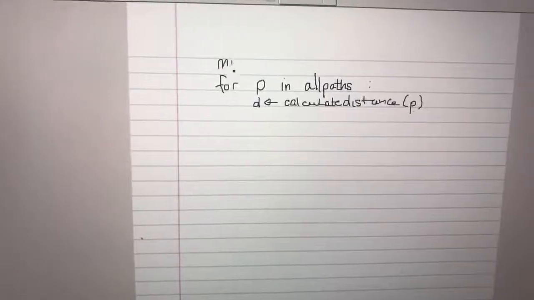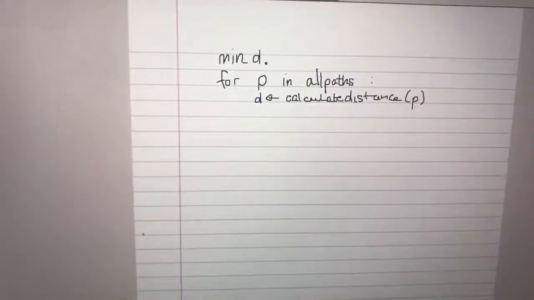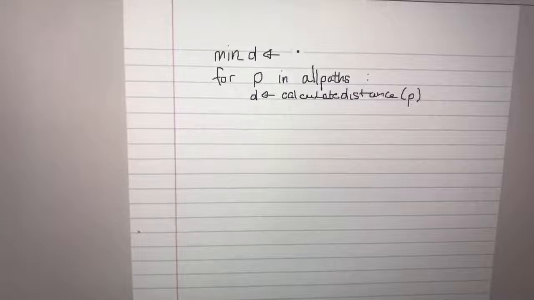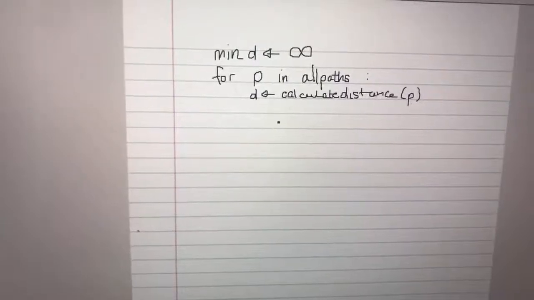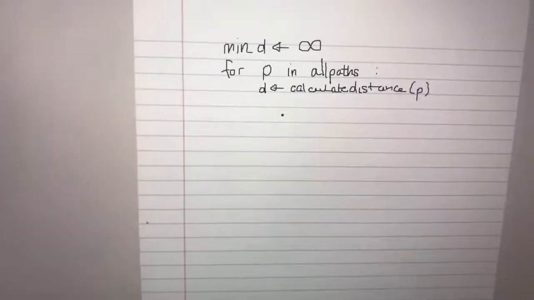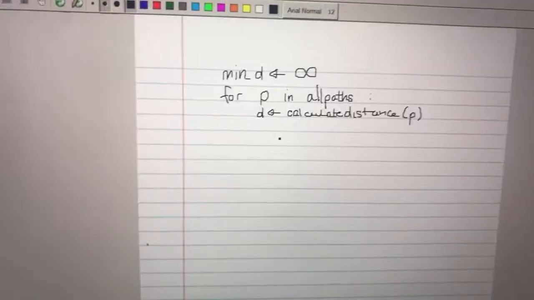And then let's have a minimum distance, which we will initialize to infinity or something big. I'm just going to say infinity for the sake of the abstract version of the algorithm.